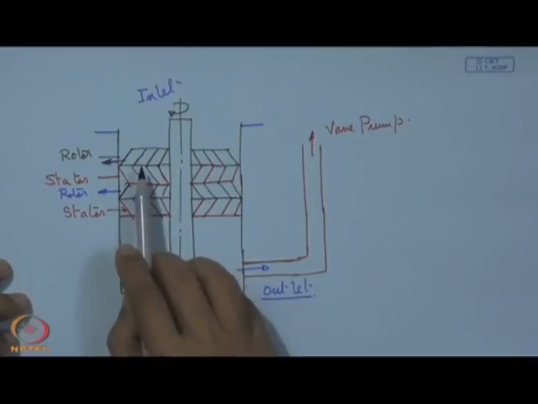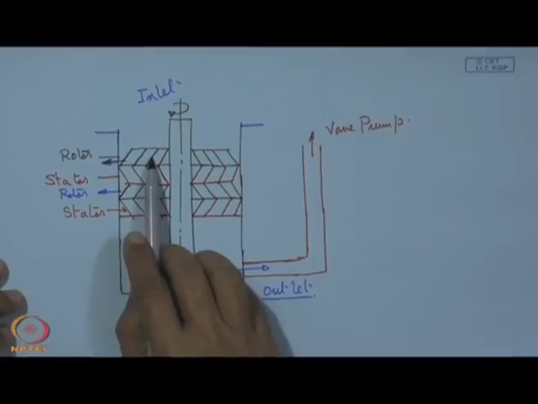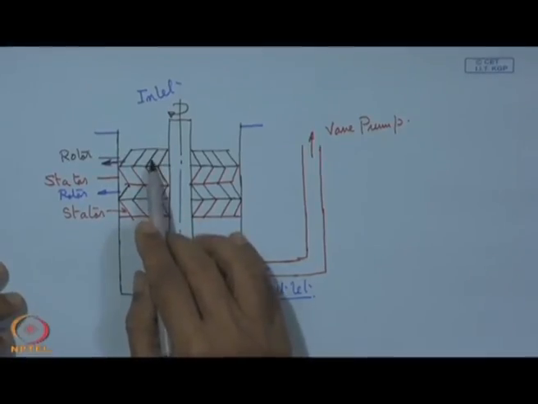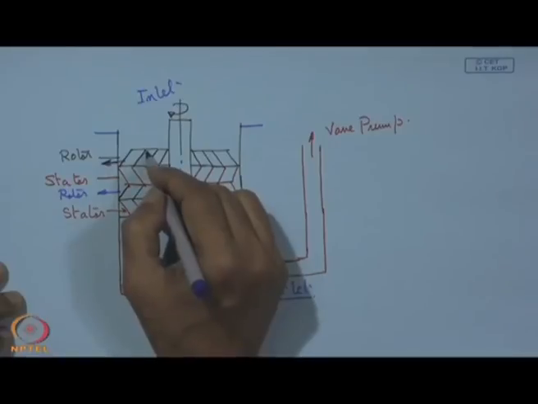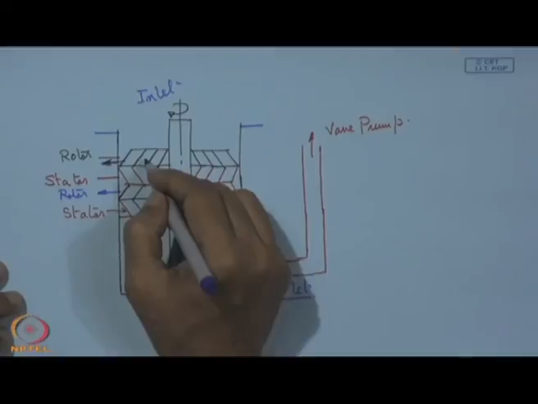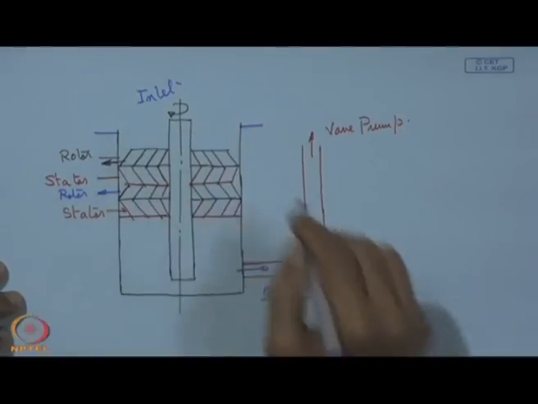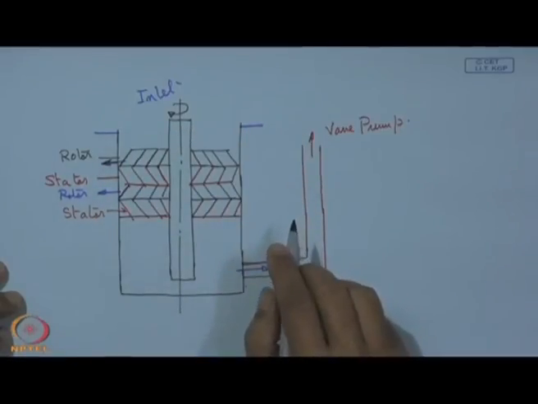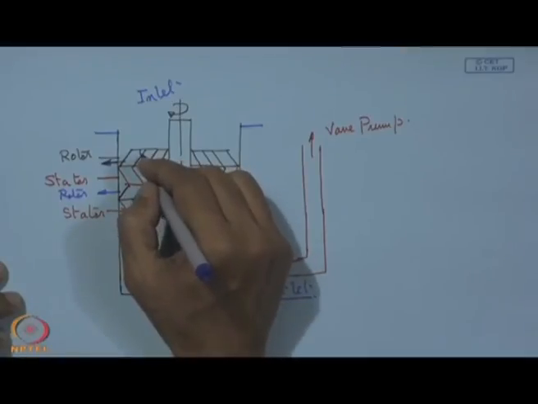When the gas molecules hit this surface, they attain a directional velocity and momentum. Here we can see that these are not parallel to the axis, but inclined. There are radial slots cut on this disc, and these radial slots have a certain angle. This is the angle.